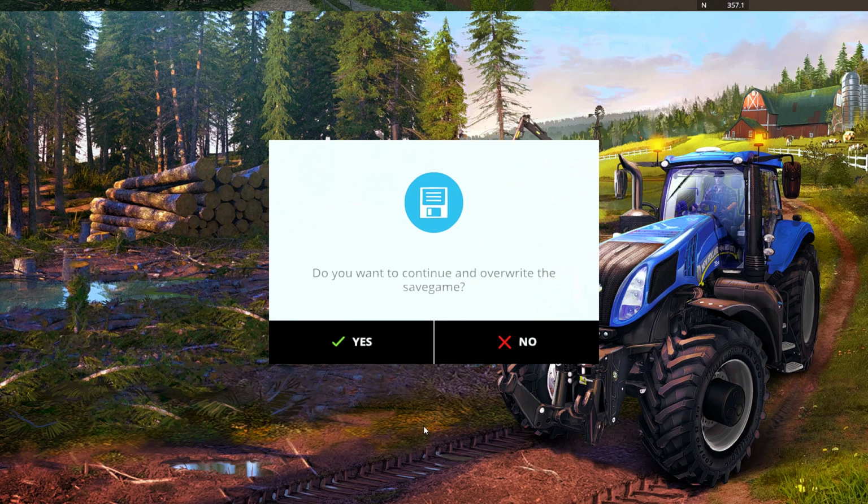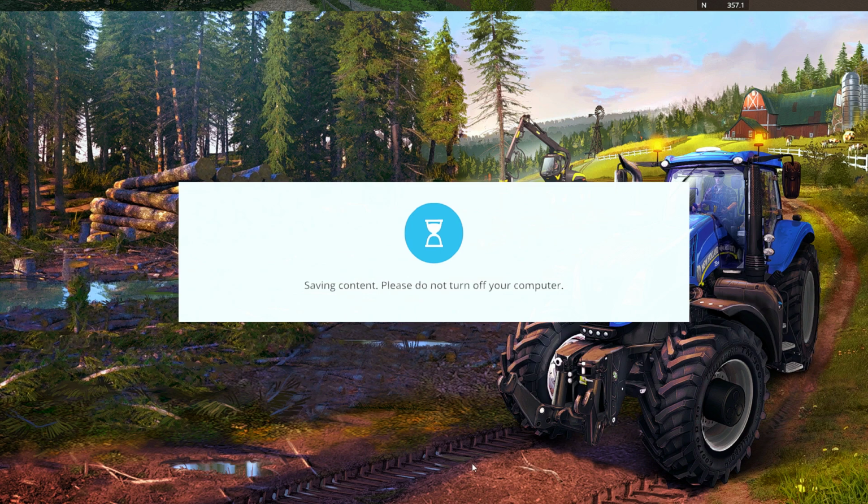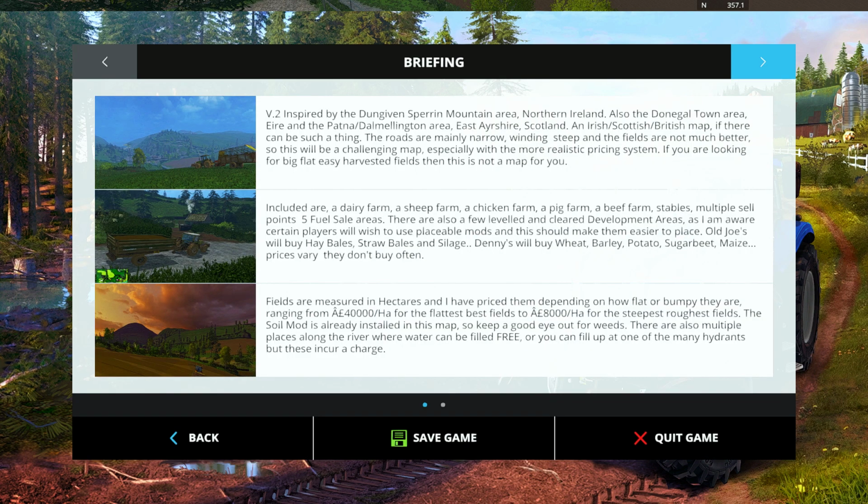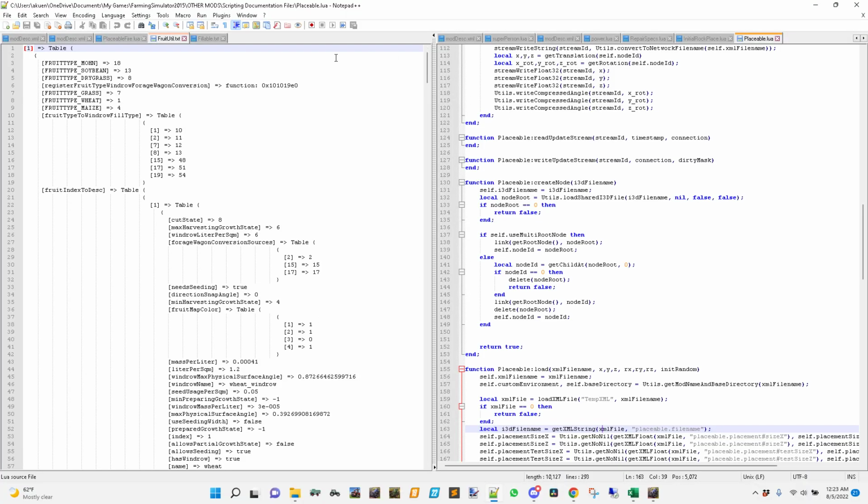Now let me save this, and I'm gonna switch over to my text editor. I just want to show you a couple of the tables. This maybe won't mean much to many people, but underlying the game, this is where the data is stored.